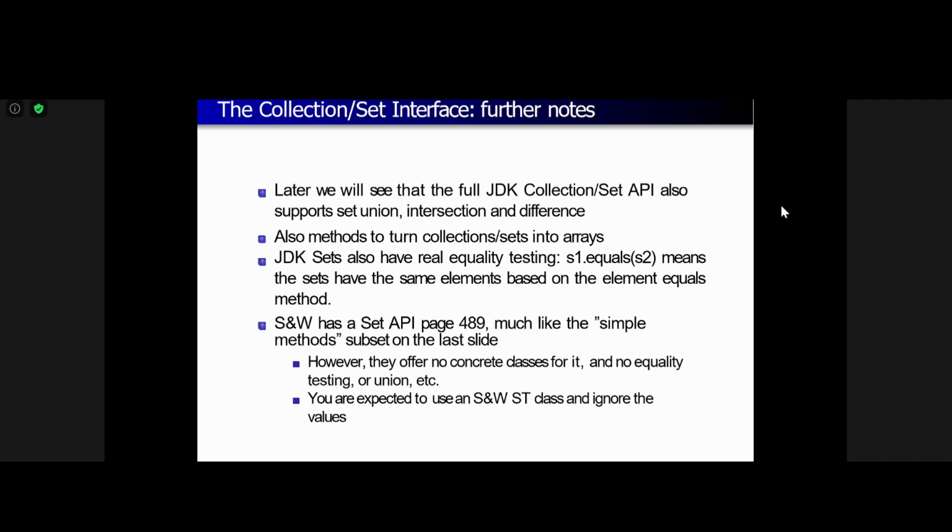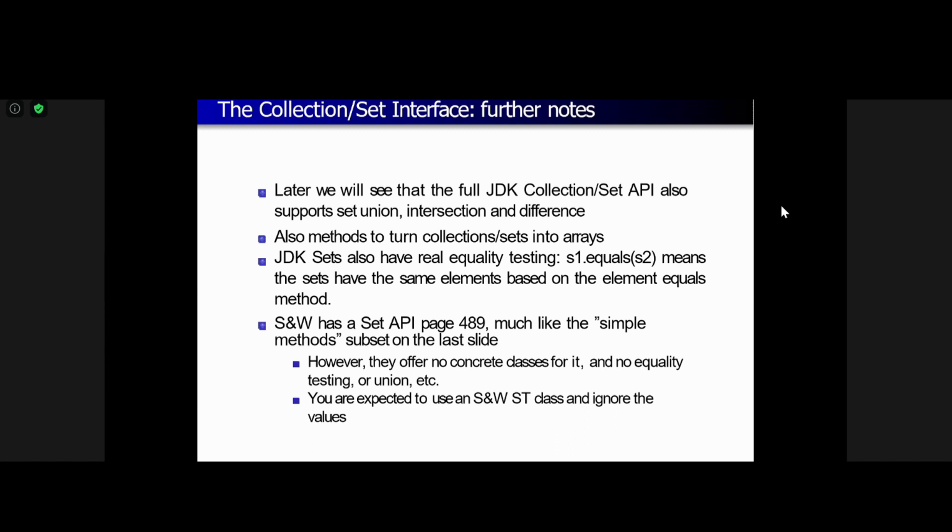And you can see that if you look at the textbook, we do have a set API on page 489. And if you look at that API, it's much like the one we just looked at, which is, of course, a subset of the full one. But strangely enough, they don't offer any concrete classes for their set API.